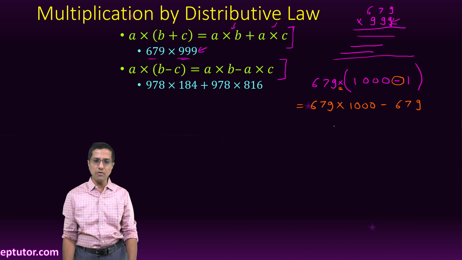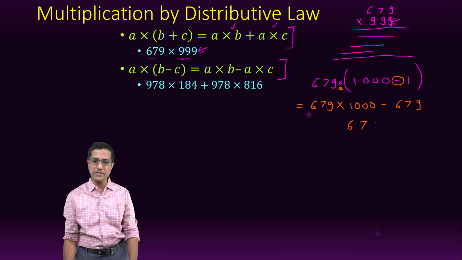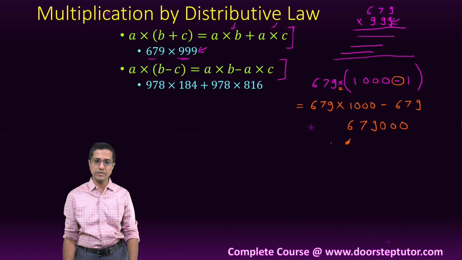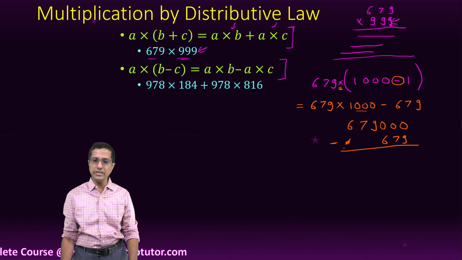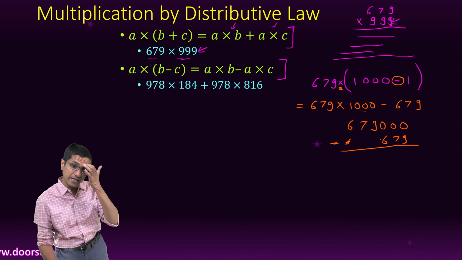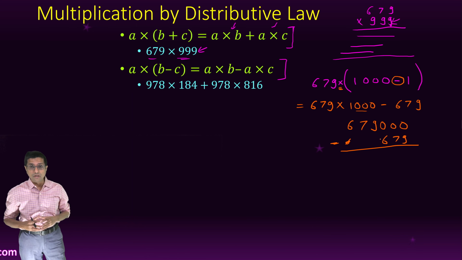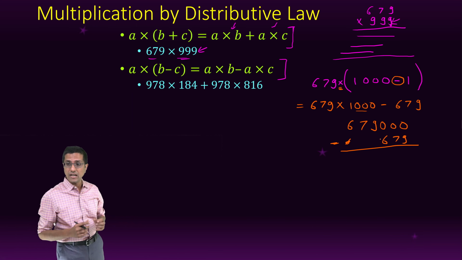Now we have converted this large multiplication to a simple subtraction. This is 679 and then 3 zeros, minus 679. Although even this subtraction is not very easy, it is still a subtraction, and subtraction is much easier than doing a large multiplication.